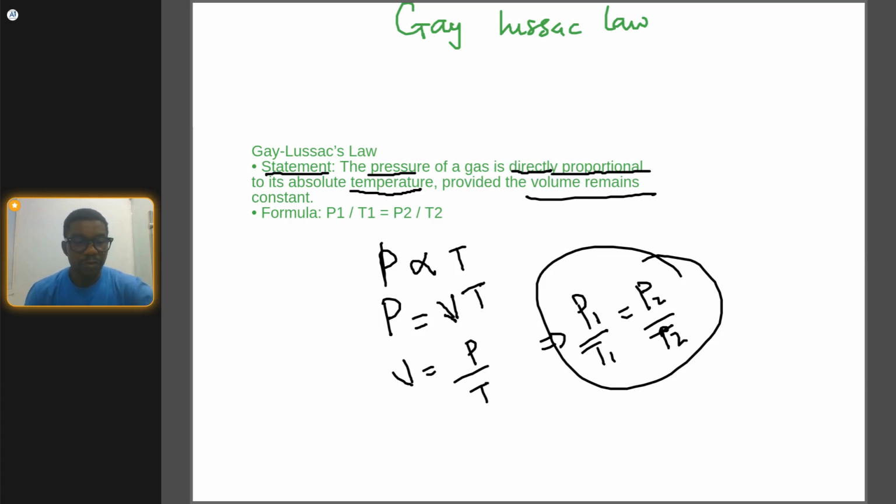Now, with these three laws we've discussed, you can see three distinct things that differentiate them: Boyle's law, Charles' law, and Gay-Lussac's law.